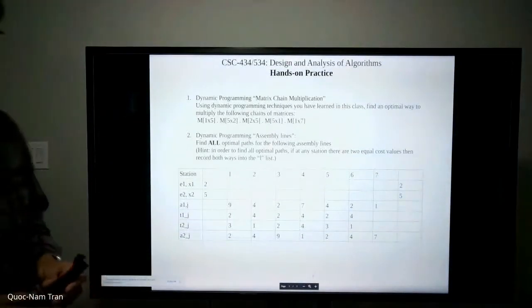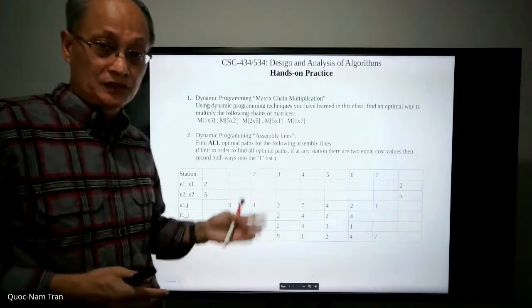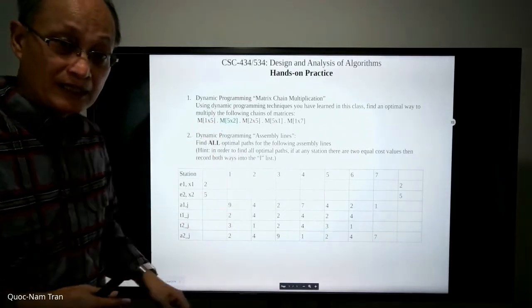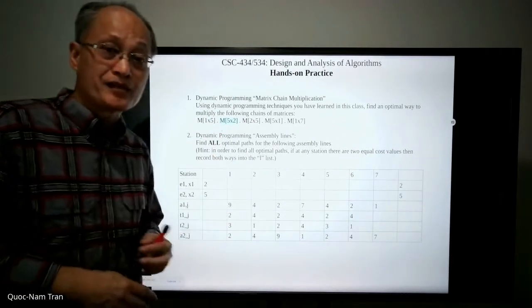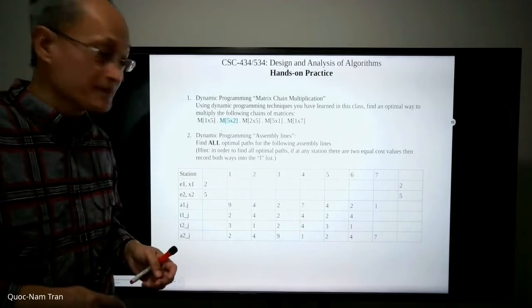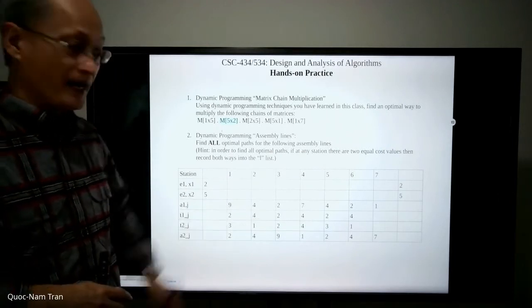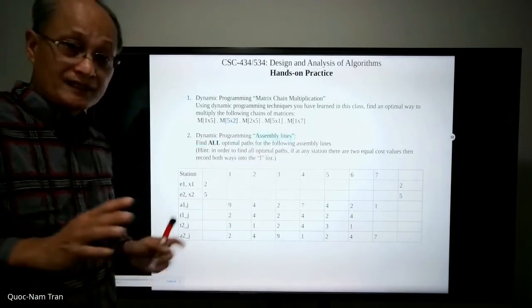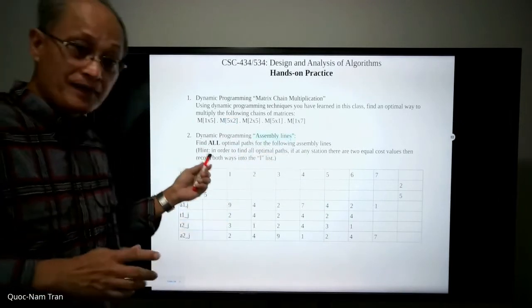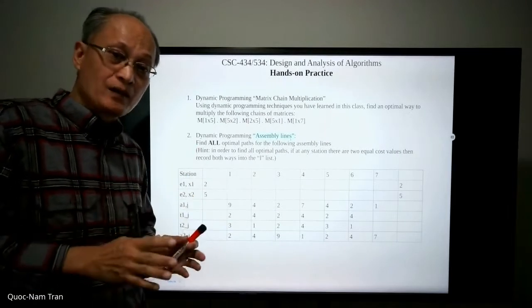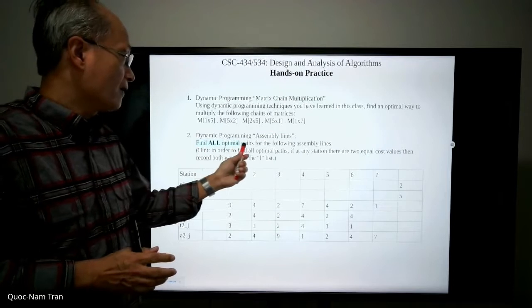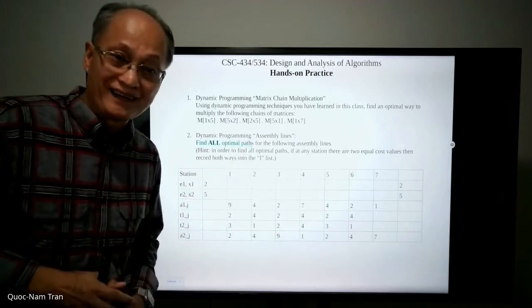So I wanted you to practice on this problem for multiplication of matrix sequences, right? And then we have another one for the assembly line. The only difference here in comparison with the lecture note I gave you is that here I want you to find all optimal paths, right?